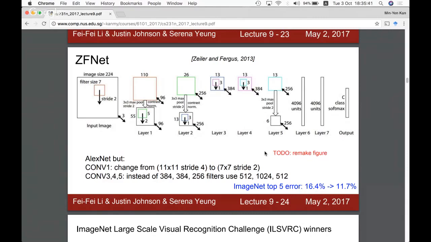The second one admits more higher level features, and the first one admits higher resolution. I guess the first one preserves finer level details. It can be thought of as preserving more finer level details.